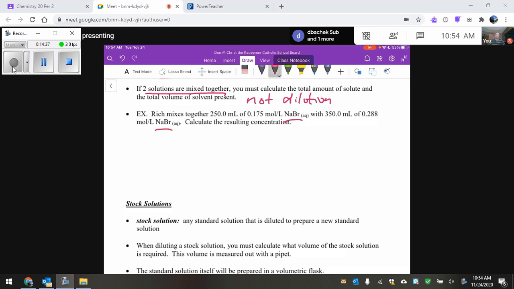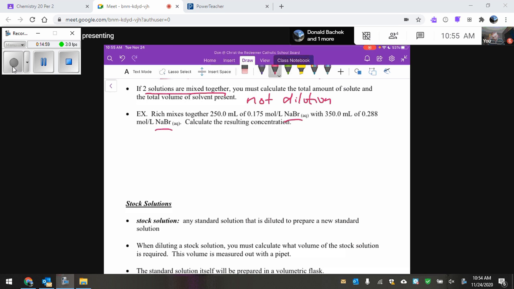They're the same compound. If, for example, Jada's got the first beaker and Tyler's got the second one, and we mix these two together, what's the overall concentration? I'd have to calculate the total amount of solute and the total volume.